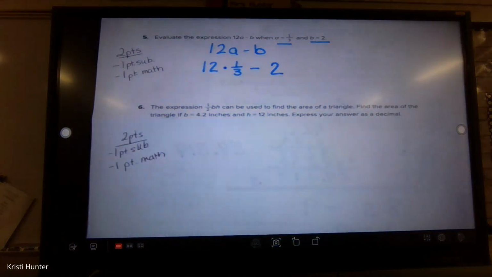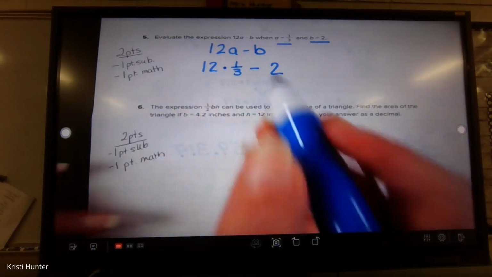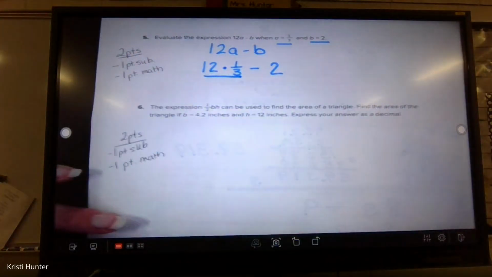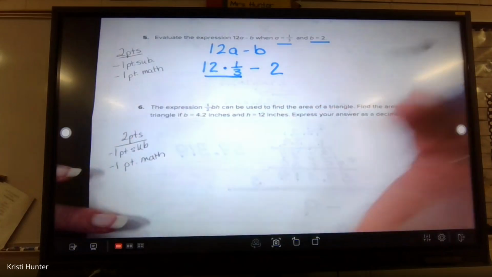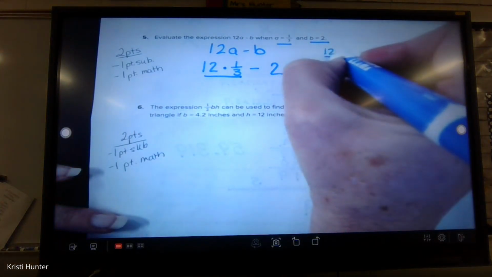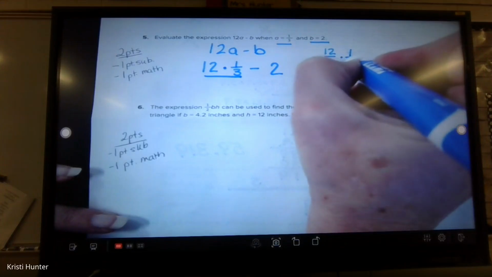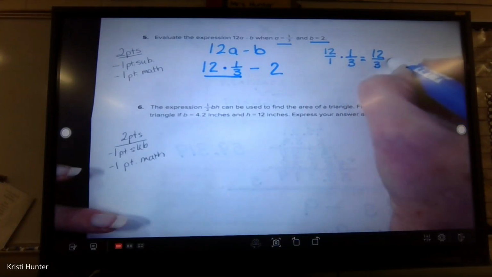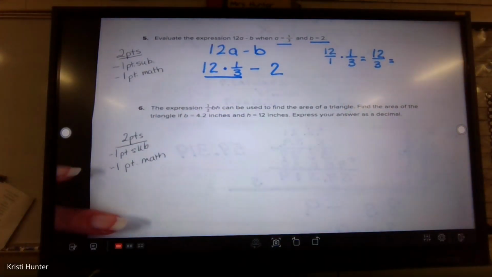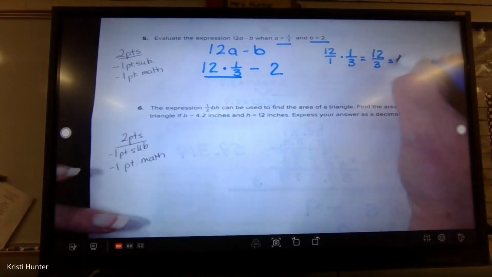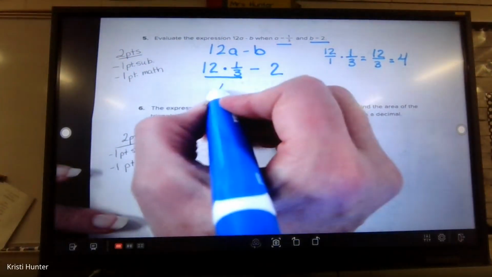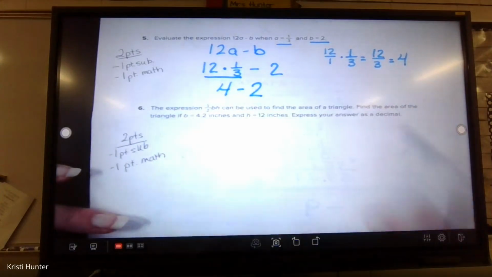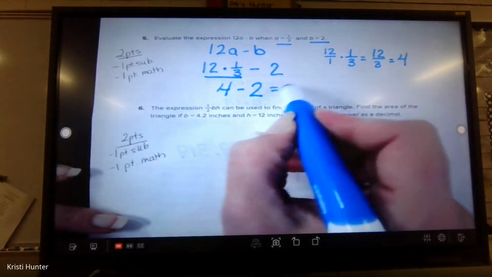Well, order of operations tells me the first thing I should always do is multiply. And I know I can multiply by taking 12 over 1 times 1 over 3, which would get me 12 over 3, or 12 divided by 3, which would, of course, be 4. So I have 4 minus 2. 4 minus 2 is 2.